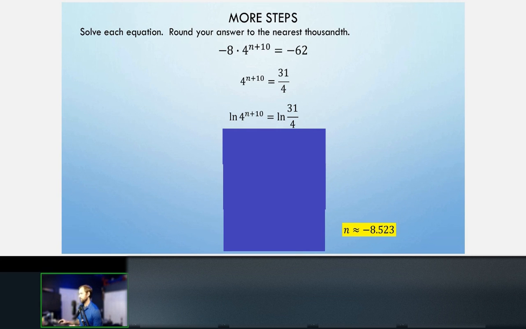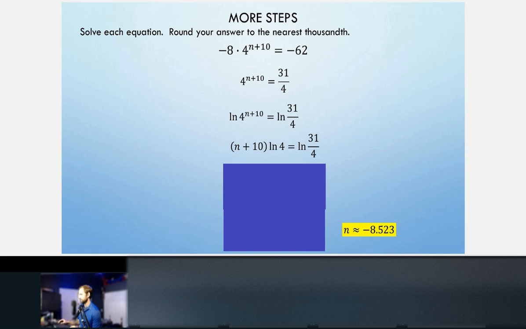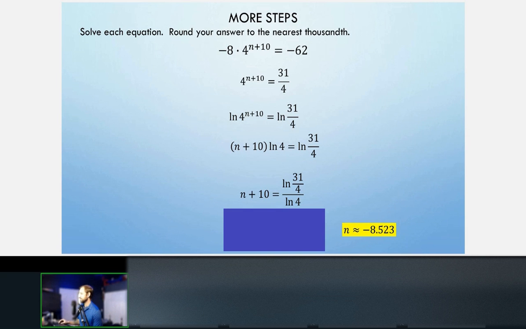We're going to move the n plus 10 in front. And then we are going to divide both sides by natural log 4. And then we subtract 10.